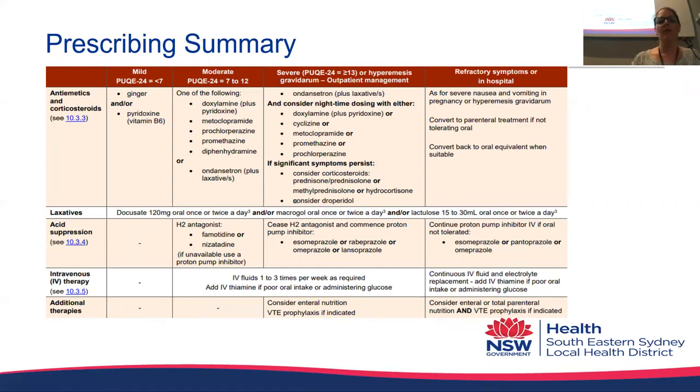It's only to be used prior to 10 weeks gestation if the benefits outweigh the risk. Because of the potential risk of severe dose-related constipation, always prescribe laxatives when giving ondansetron. In the case of severe NVP and HG in the outpatient setting, the recommendation is ondansetron at night with either Restavit and pyridoxine, or cyclizine, or promethazine, or prochlorperazine, or metoclopramide.